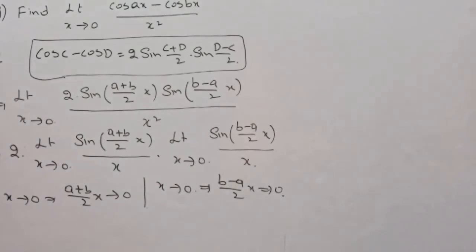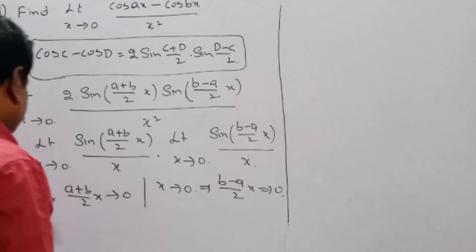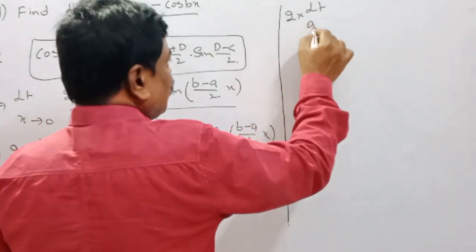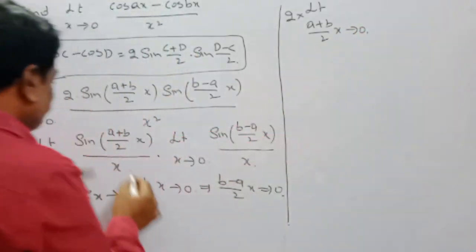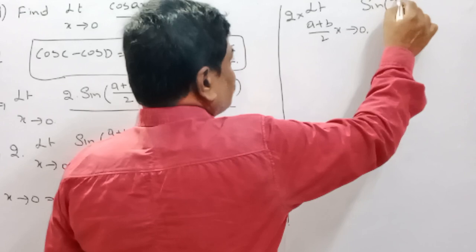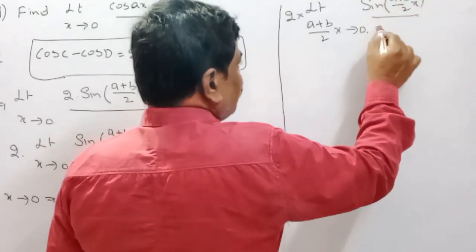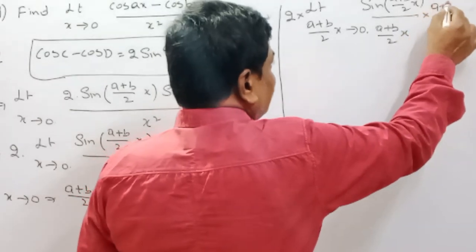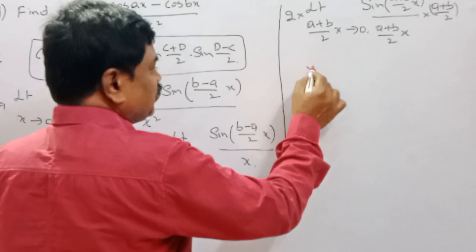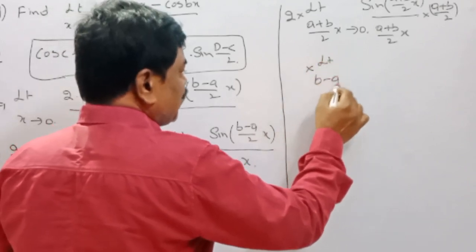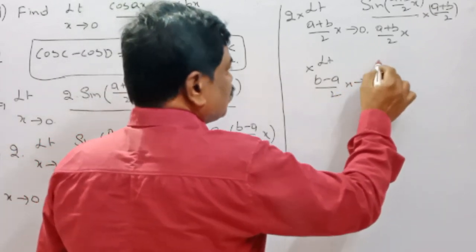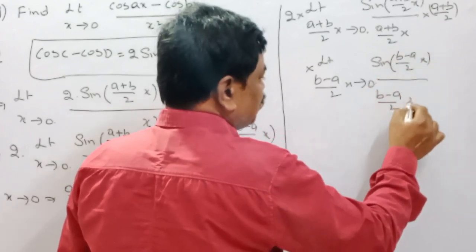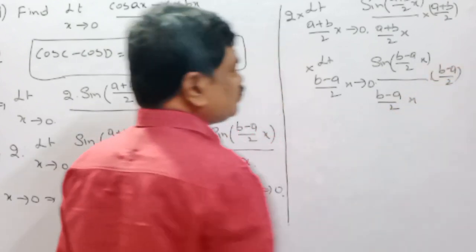So this can be written as 2 into limit (a plus b) by 2 x tends to 0, sine of (a plus b) by 2 x by (a plus b) by 2 x, where you multiply and divide with (a plus b) by 2, into limit (b minus a) by 2 x tends to 0, sine of (b minus a) by 2 x by (b minus a) by 2 x, into (b minus a) by 2. Okay, all of you.